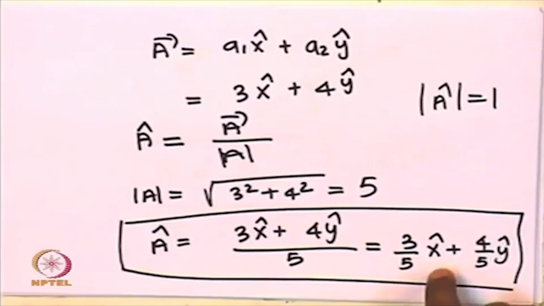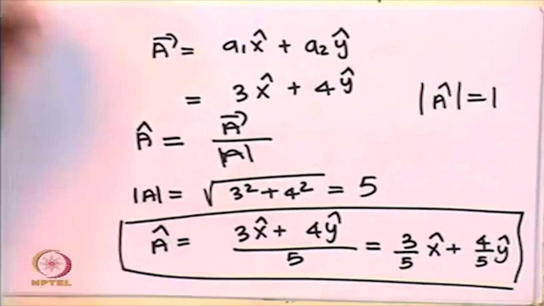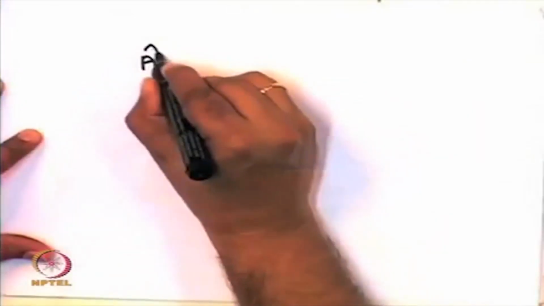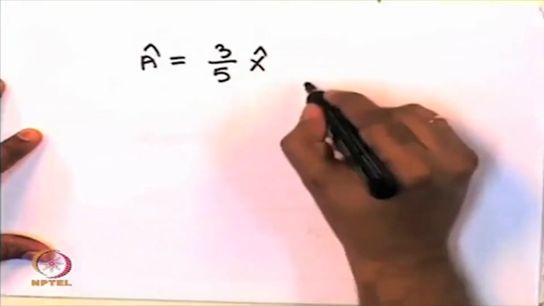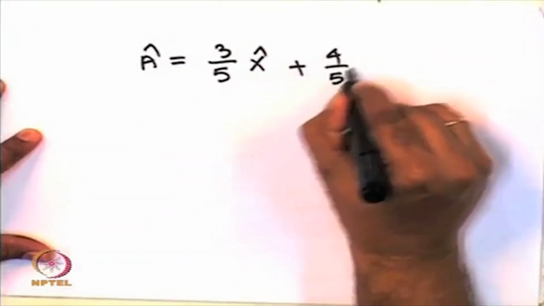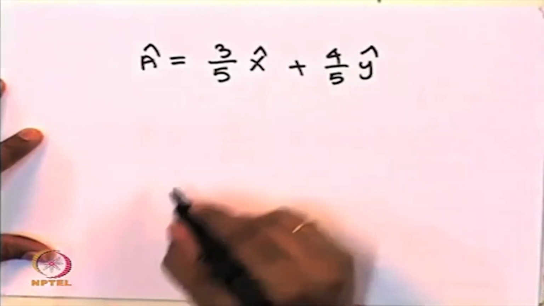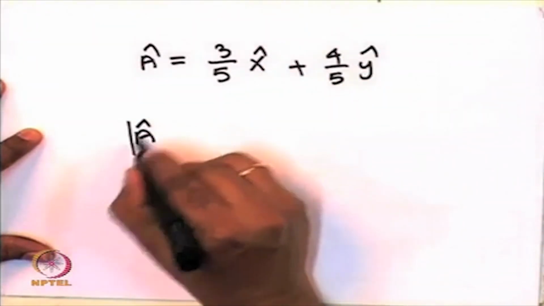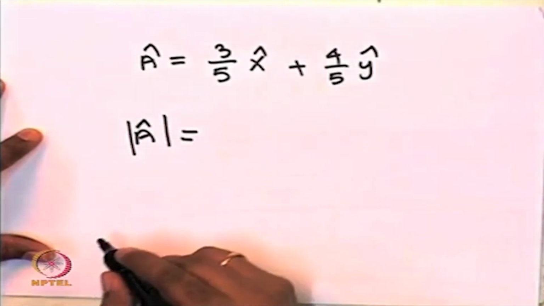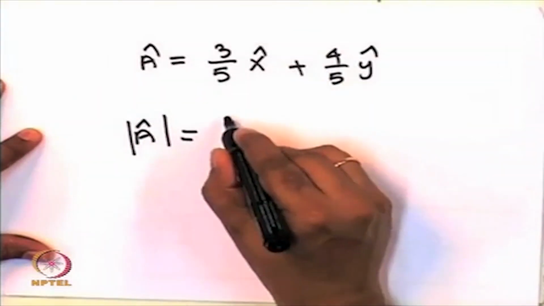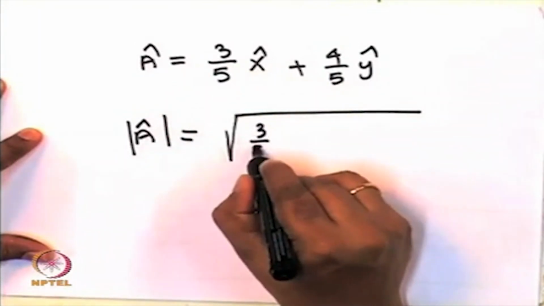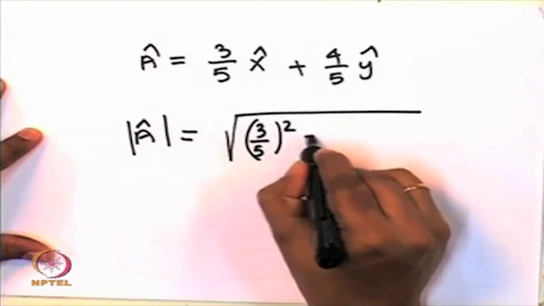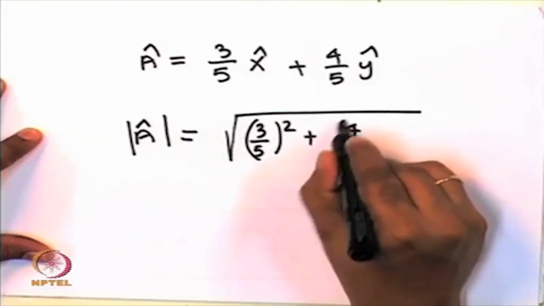Now, will this mod of this be 1? We can check. We had A cap as 3/5 x plus 4/5 y. Mod A is the square root of (3/5) squared plus (4/5) squared.